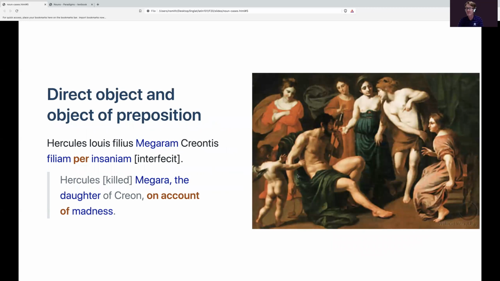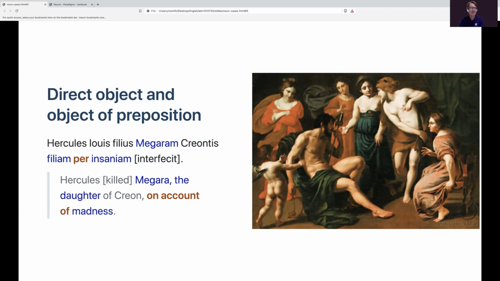So let's look at a couple of examples. Here we're seeing an illustration connected with the story that Hyginus tells us about Hercules. Hercules killed Megara. Megaram, that ending tells us, is accusative singular. Megara is the direct object of the verb. Filiam, the noun filiam, is also a first declension noun in the accusative case.